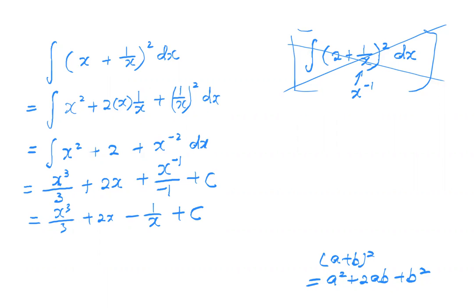Okay, now we want to go to the 5th rule. The 5th rule is about exponential terms. When you talk about exponential terms, you must recall all your indices rules.